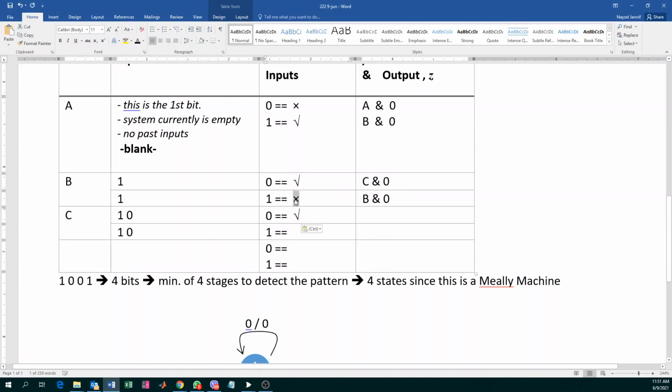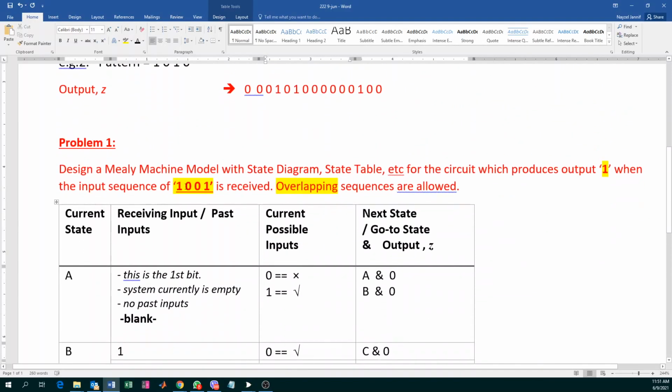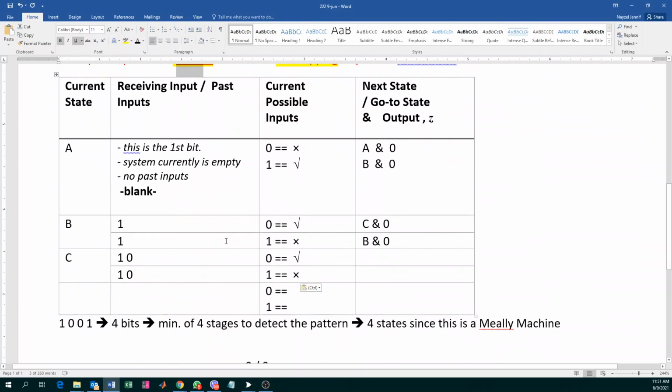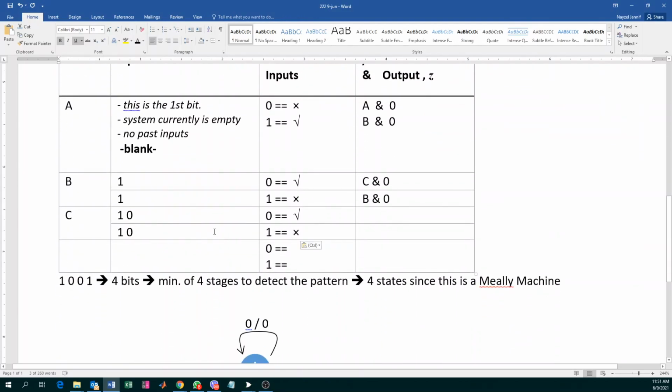If you receive a 1, that will make the current possible combination 1, 0, 1. If you receive a 0, you become 1, 0, 0. And if you look at it over here, you've got a 1, 0, 0. So you're still in. And if you receive the current input as 1, you get a 1, 0, 1. So you're out. Okay?